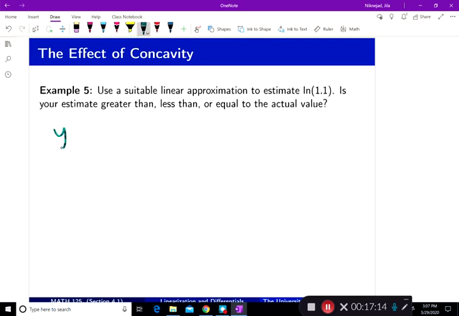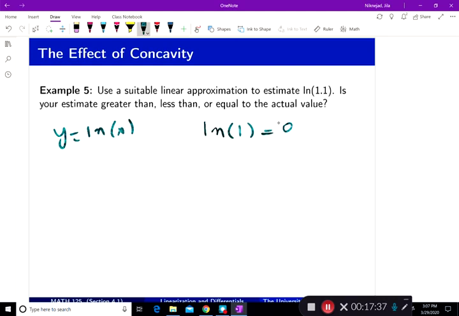Here it seems like y equal to natural log of x is the function. Now, if I was in grade school, what number would I use to approximate natural log of 1.1? I would do natural log of 1 because I know what natural log of 1 is. Natural log of 1 is 0.